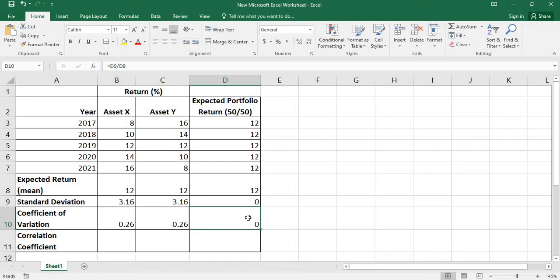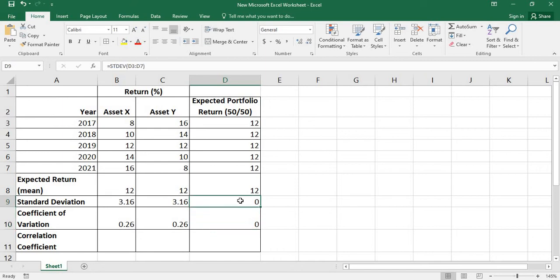So if you are here to find out the least risky asset for investment, you should invest in the portfolio. That means you should invest 50% of your money in asset X and 50% of your money in asset Y, because coefficient of variation of this portfolio is 0. We can also take the decision from here as well.